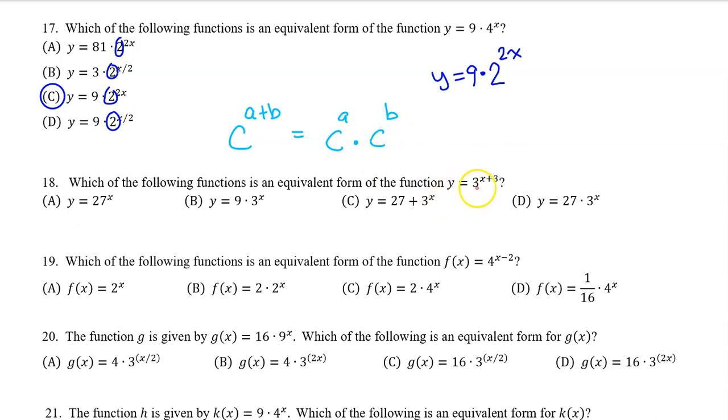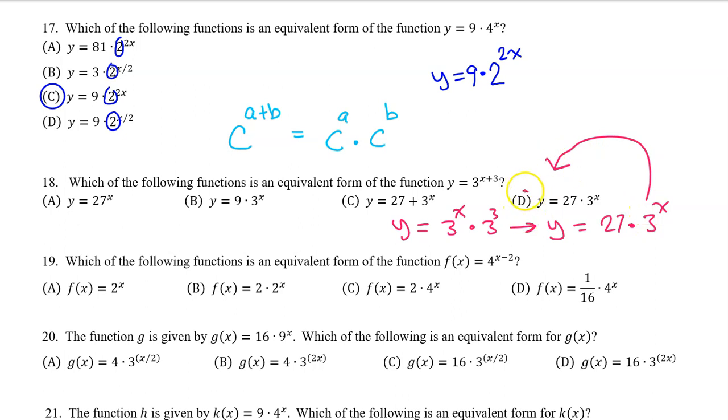Similarly, y equals 3 to the x plus 3 power can be rewritten as y equals 3 to the x power times 3 to the third power. 3 to the third power is 27, and I'm going to put that in the front. So this would be the same thing as y equals 27 times 3 to the x power. Oh, look, it's right here. And the answer is D.